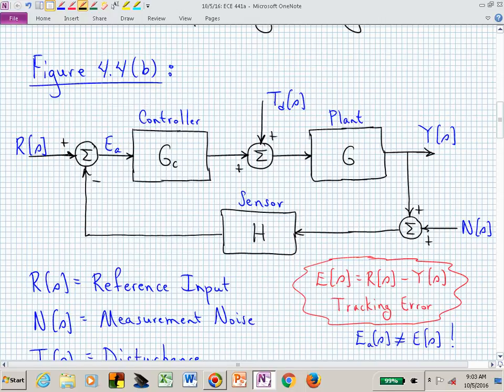This is the block diagram that we're interested in today, and you can see that we have many different inputs, not just the reference input R. What other inputs do you see? T sub D is a disturbance input. If we had cruise control on an automobile, what might be a disturbance input?